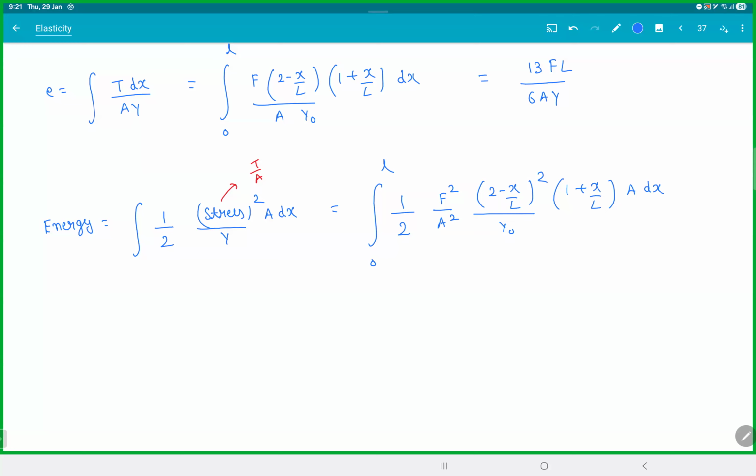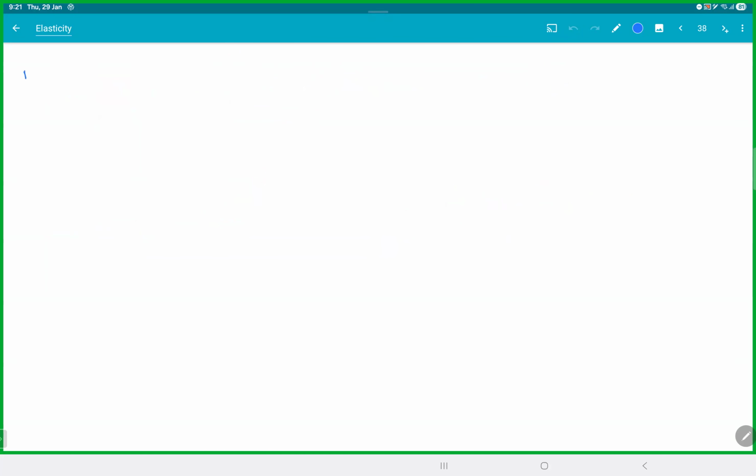Yeah. Now here there's a small shortcut, especially in Mains. Now you can use this. If you have a rod, and let's say you have forces F1 and F2, and Y is constant, YAL. You can only do this for elongation.